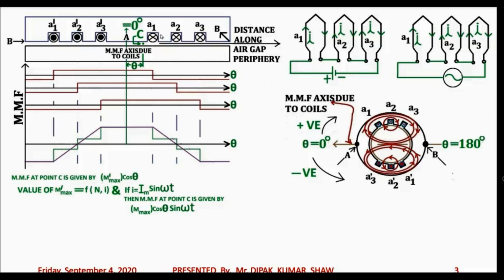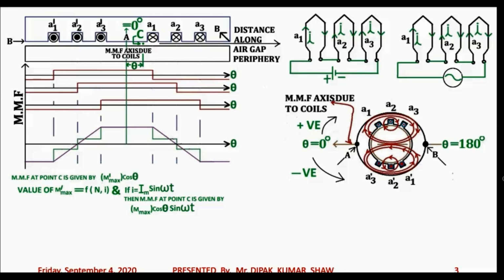Now, what we know is that when we derived the nature of MMF distribution for a single full pitch coil having n number of turns, it was found to be rectangular in nature. But over here, we are having three coils. So what we do is plot the nature of MMF variation assuming only one coil is carrying current at a time.